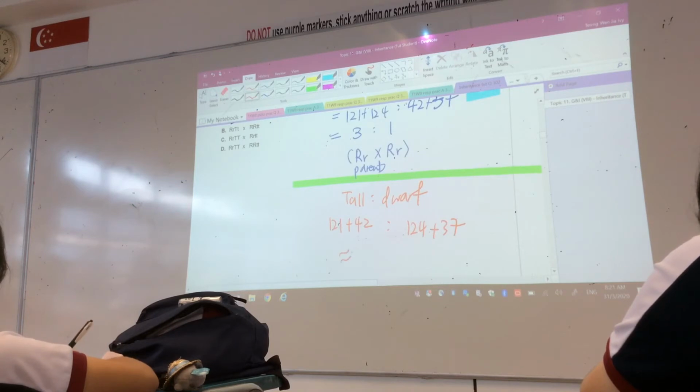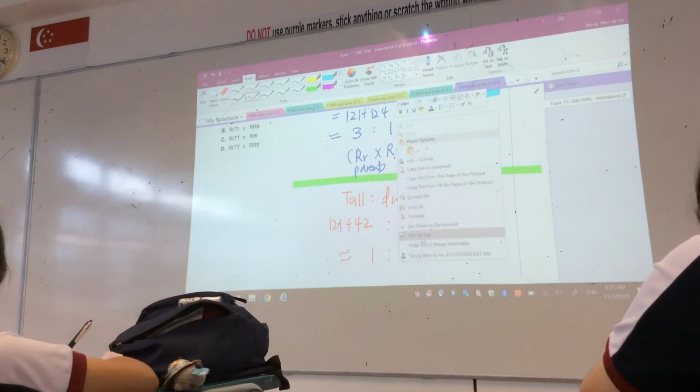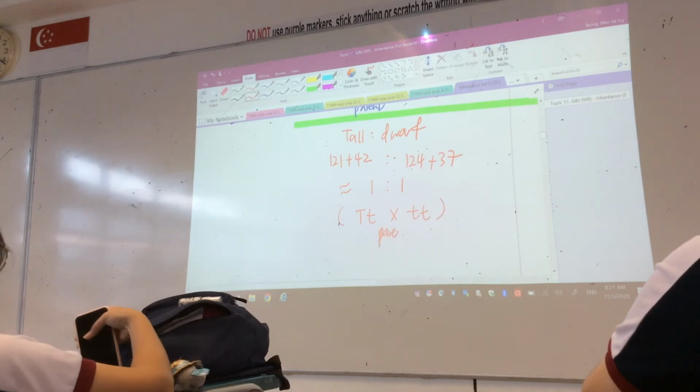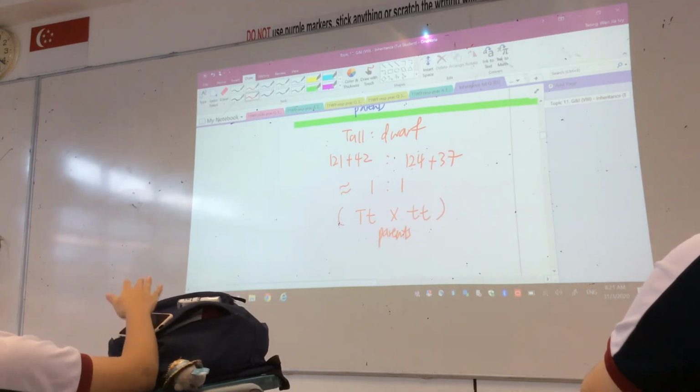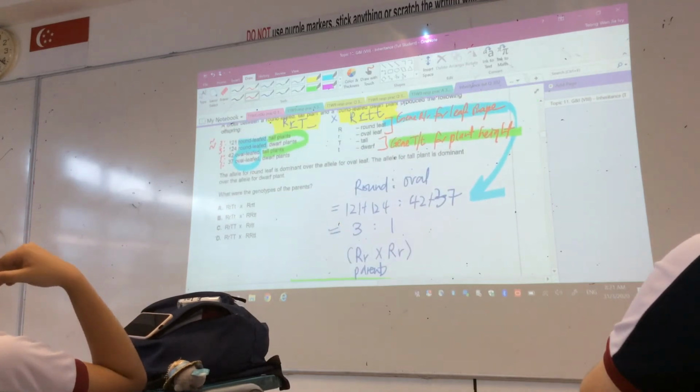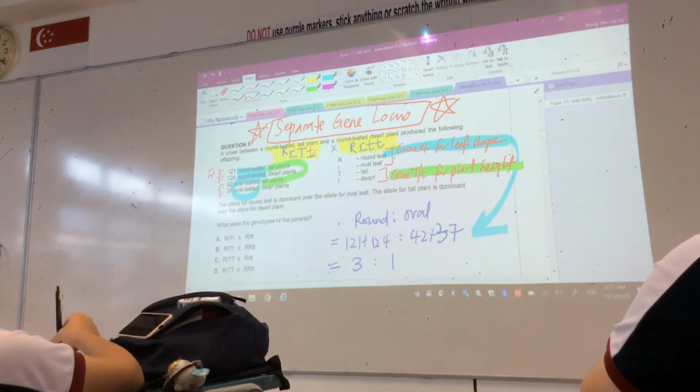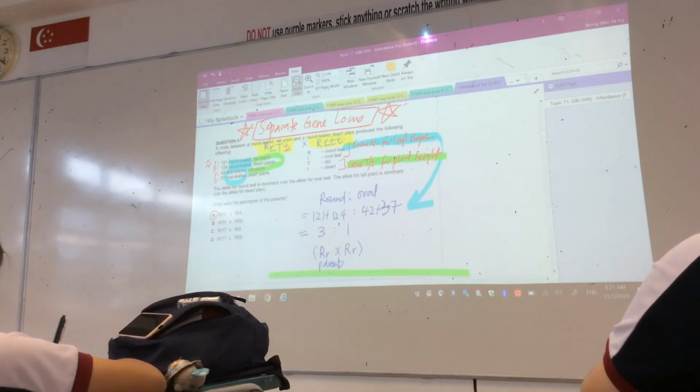It will be around 1:1. Based on that, what are the parents that are crossed? Cross with homozygous recessive. So these are the parents. Based on that, you go back to the unknown parent. You will then know that this is a small t. So based on that, your answer is A. Okay, I'm gonna just zoom out a bit, then you can take a photo.